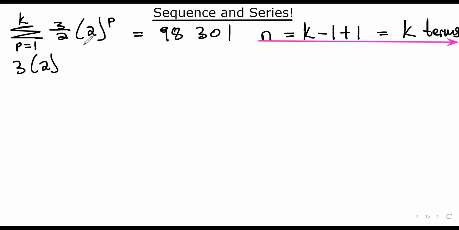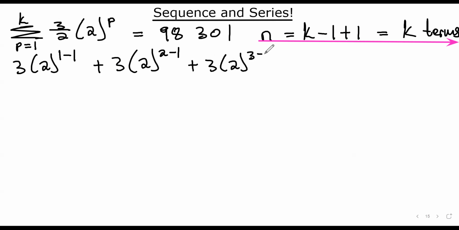But now we know that we begin substituting from p equals 1. So we have 1 minus 1 there. And then we have 2 minus 1. And we have 3 minus 1. And this goes on up until the last term, which we obtain by substituting p equals k. So we have k minus 1.